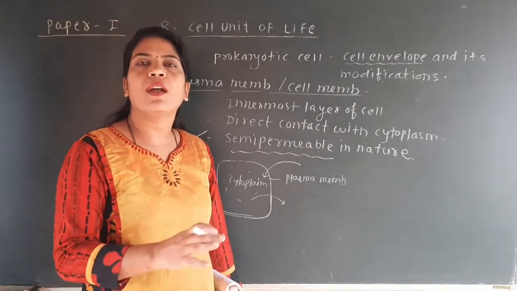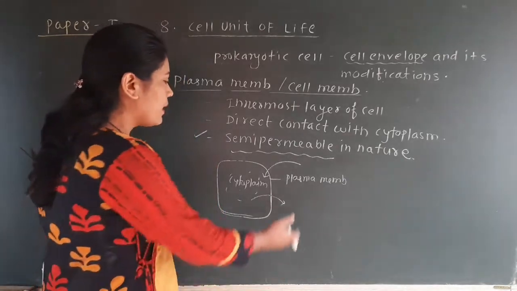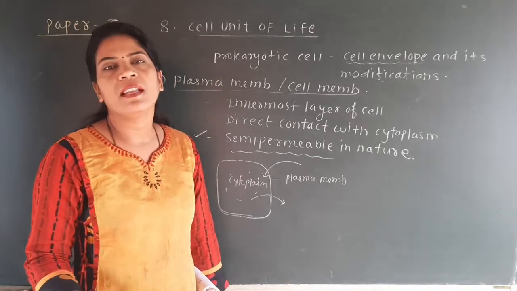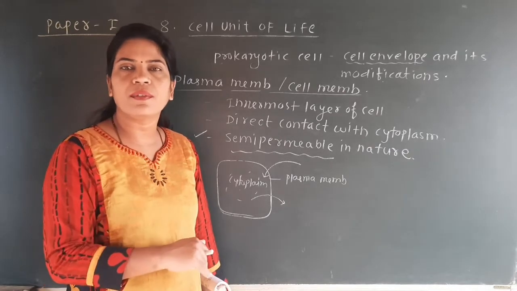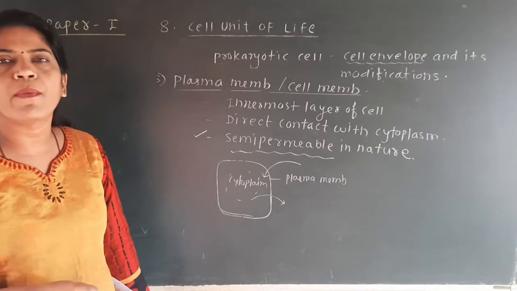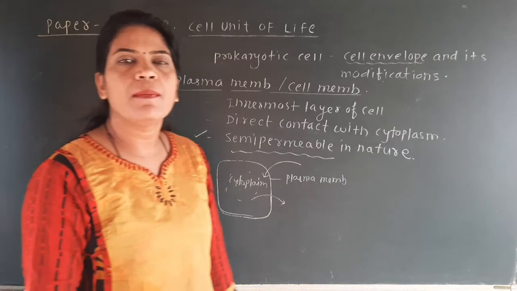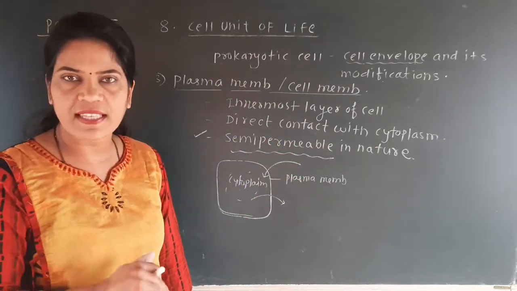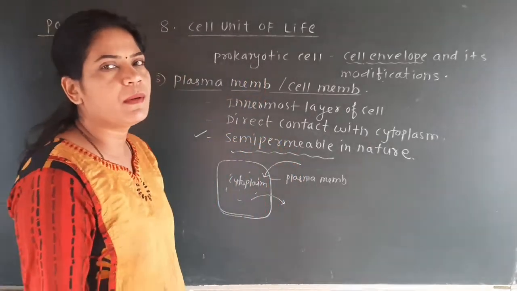It does not allow all molecules. ही प्लाझ्मा मेम्ब्रेन सगळ्याच मॉलिक्यूलना सेलमध्ये एंट्री करून देत नाही किंवा सेलमधून सगळ्याच मॉलिक्यूलला बाहेर जाऊन देत नाही. ठराविक मॉलिक्यूलला, ठराविक पार्टिकलला ते आत एंट्री करून देते किंवा बाहेर जाऊन देते. That is the nature of the plasma membrane and it is called semi-permeability. Semi-permeability म्हणजे काय? It allows only selective molecules to go inside the cell or to go outside the cell. That's what is called a semi-permeable nature.